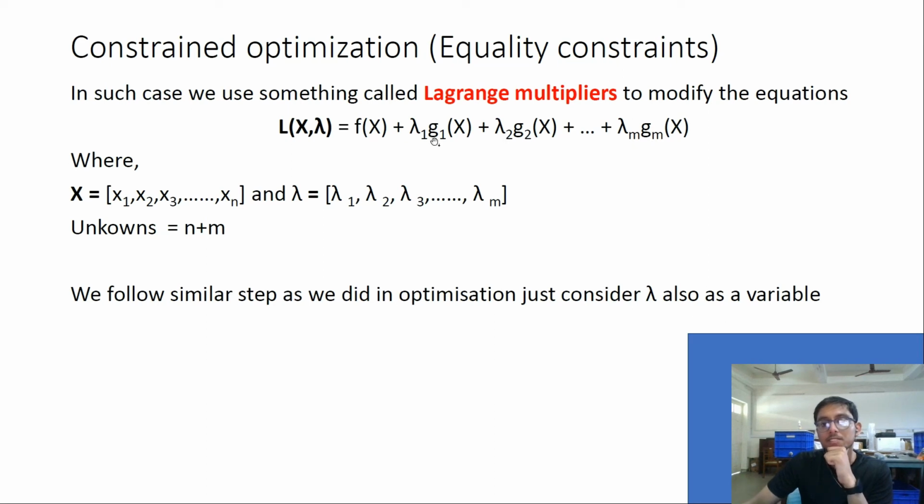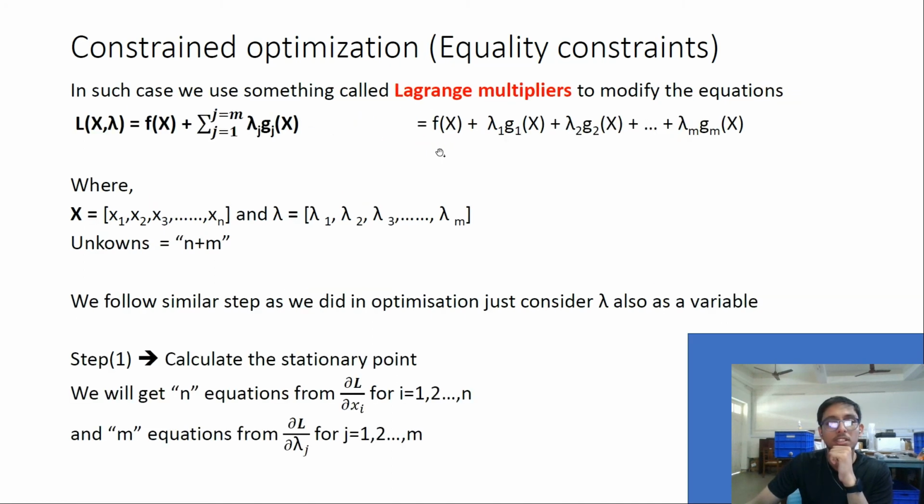So likewise we have a number of lambdas equal to the number of constraints. So now we have this particular equation L, let's call it the Lagrange equation, that is f(x) plus the summation of lambda j g_j, with j going from 1 to m.